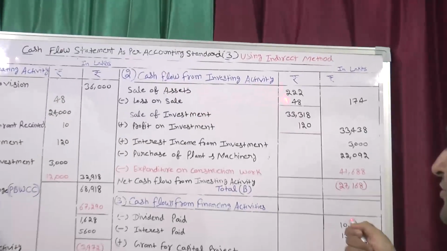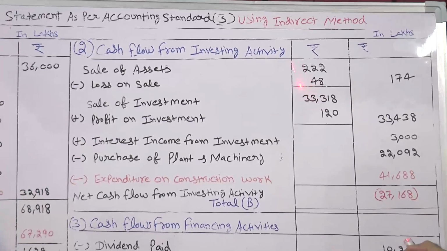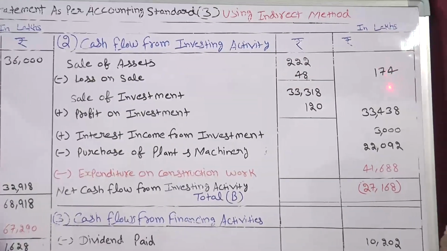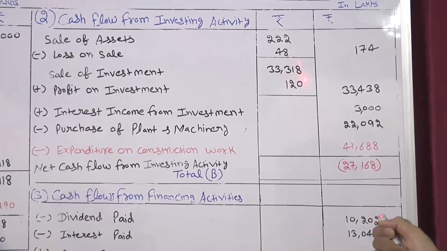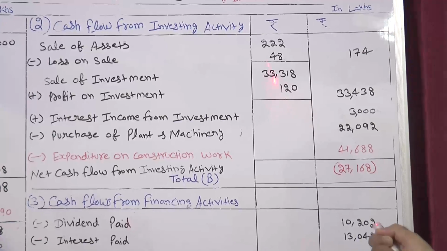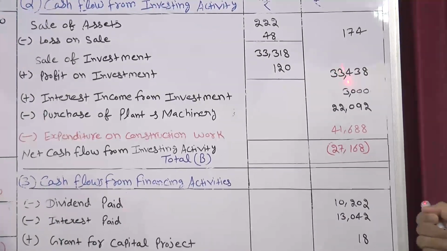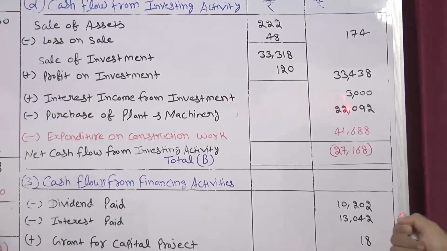Sale of assets 222. Then deduct loss on sale 48. After deducting we get 174. Sale of investment 33,318. Then add profit on investment 120. After adding we get 33,438. Then add interest income from investment 3,000.